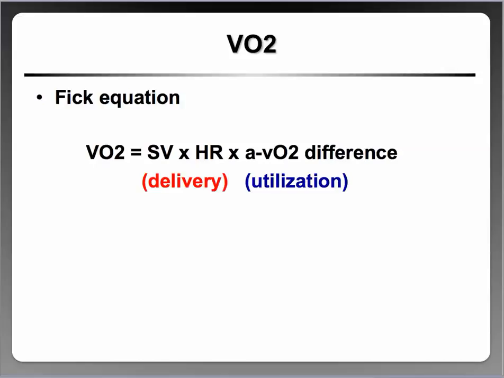And this is called utilization. I don't want to say a big debate, but there's a debate as to what limits VO2 max. Is it the ability of the heart and the blood vessels to deliver oxygenated blood? Or is it the ability of the muscles essentially to take up that oxygenated blood and to use it?